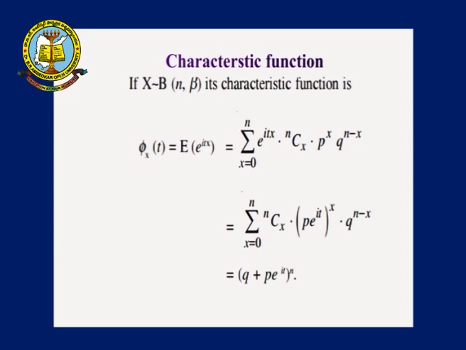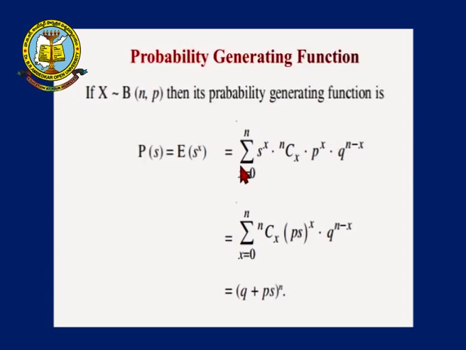Coming to one more important property, the characteristic function of a binomial distribution. If X follows B of n comma p, its characteristic function is phi_X(t) equal to E of e to the power of itX, equal to the summation over x equal to 0 to n of s power x into nCx p power x q power n minus x.